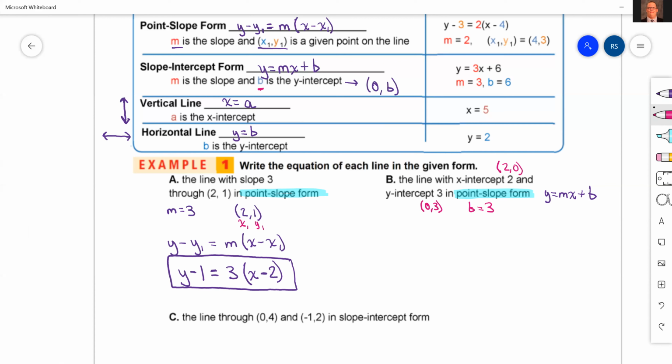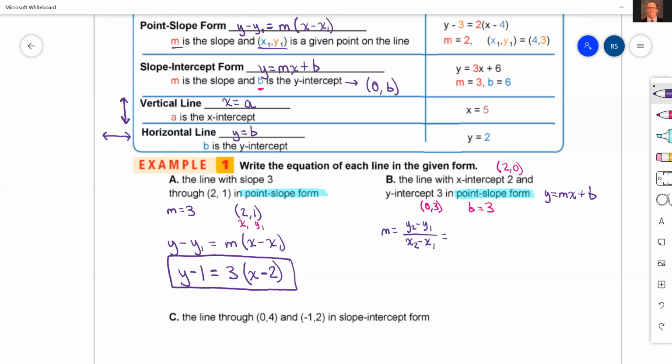Good thing we have 2 points, and we spent yesterday looking at slope. We can use the 2 points to find m, our slope. So just as a reminder, m equals y2 minus y1 over x2 minus x1.